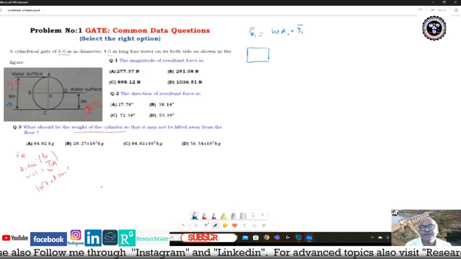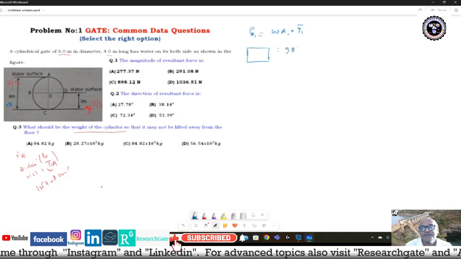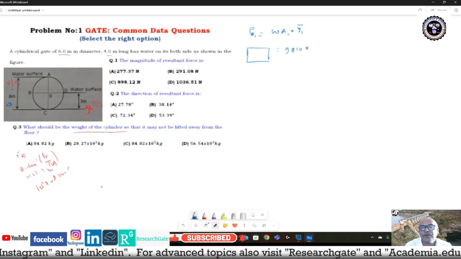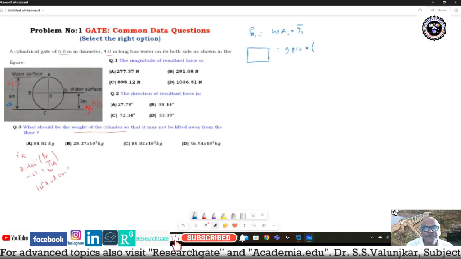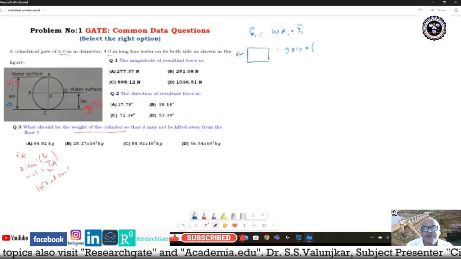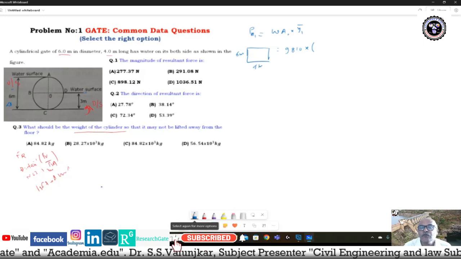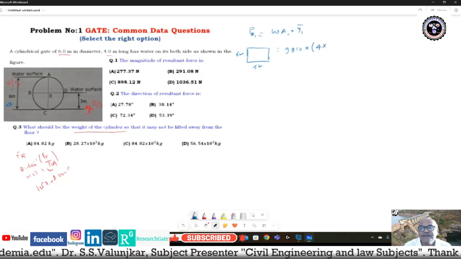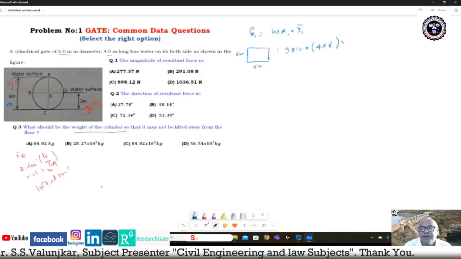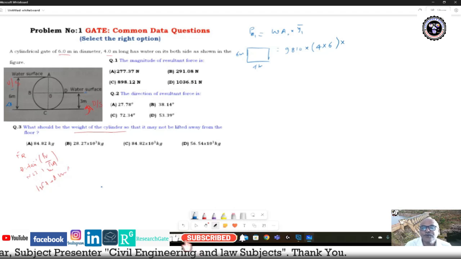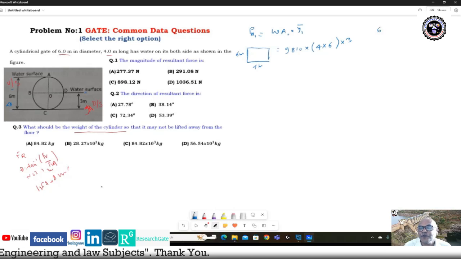That is equal to 9810 into rectangle, this is 6 meter and this is 4 meter, so 4 multiplied by 6 multiplied by y bar, which is 6 upon 2, that is 3 meter.